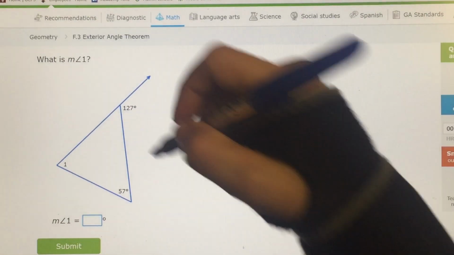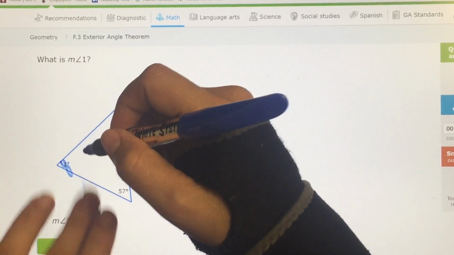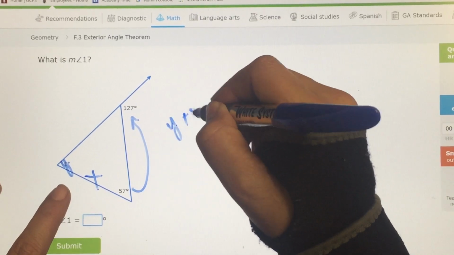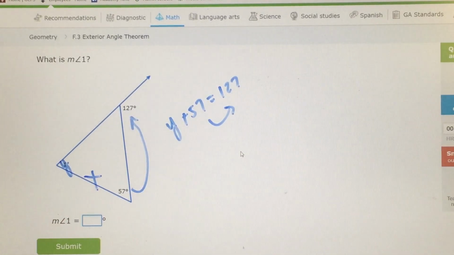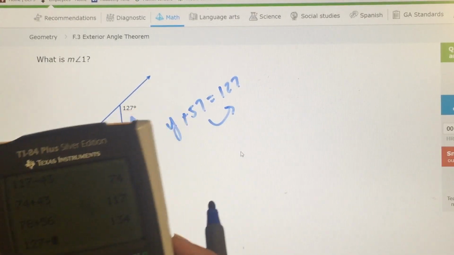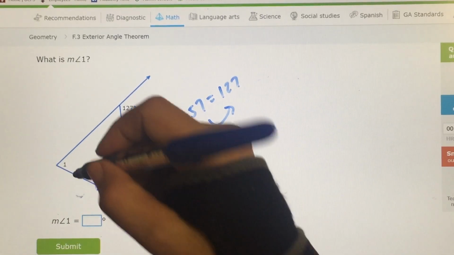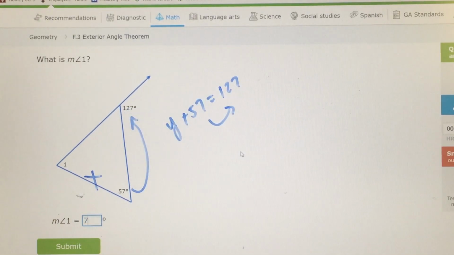When I add these two, let's label this y or something, they're going to give me that outside. So y plus 57 is going to give me 127. So take that to the other side, and you're going to say 127 minus 57. So y is going to be 70. So this is 70, which makes sense because 70 plus 57 is 127.